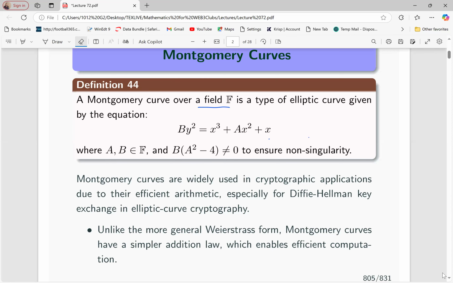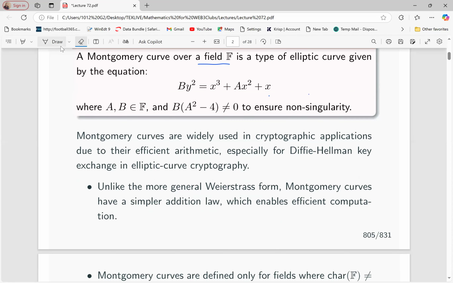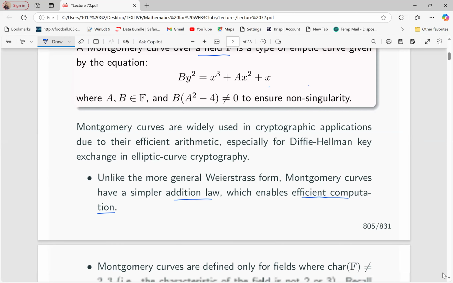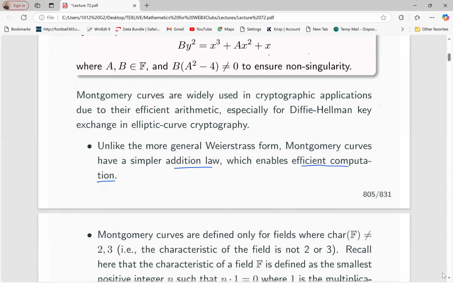What I've listed here is that, unlike the general Weierstrass form, the Montgomery curves have a simpler addition law. Because there's a simple addition law, this ensures efficient computation, since it's easy to add points in these Montgomery curves.